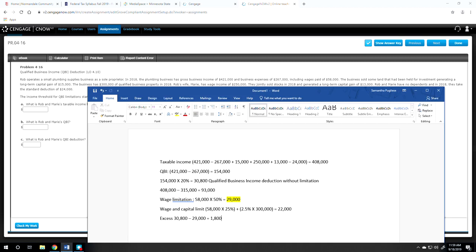After $100,000 of excess above that $315,000 limitation, then this excess that we're talking about right here would just completely go away. But they're going to be able to use just a little bit of it. So go down to the bottom of that paragraph now, where it says the excess amount is subject to a pro rata phase out based on the taxpayer's income over the threshold amount.